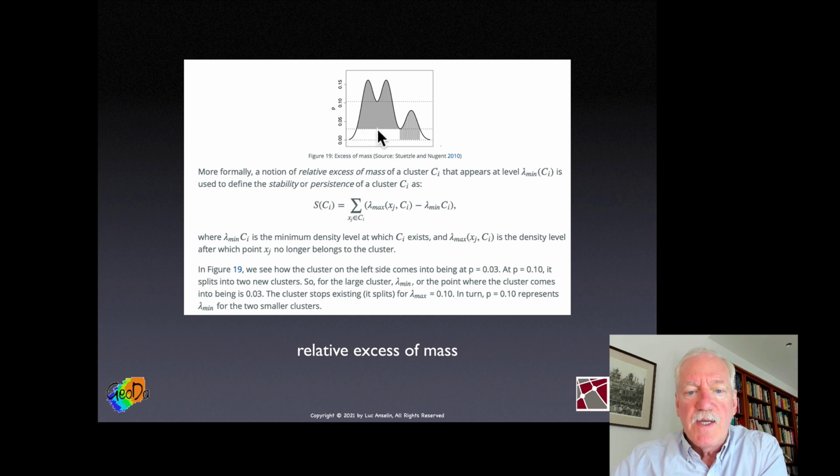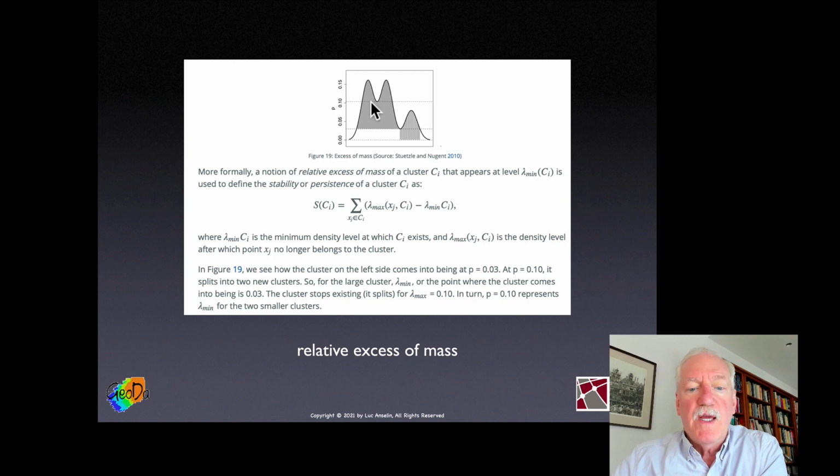So now the excessive mass is actually the persistence of the cluster is the difference between this intensity and the original intensity. So the original intensity is when this whole group splits off from the rest to form its own cluster. But then as the intensity goes up, there is a point here where it again splits into two leaf nodes.